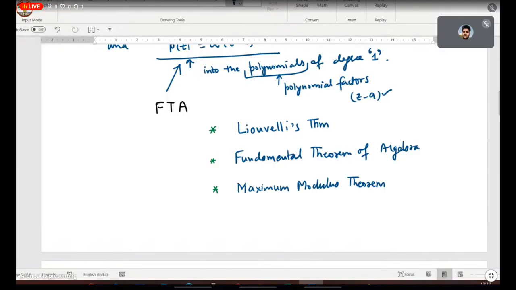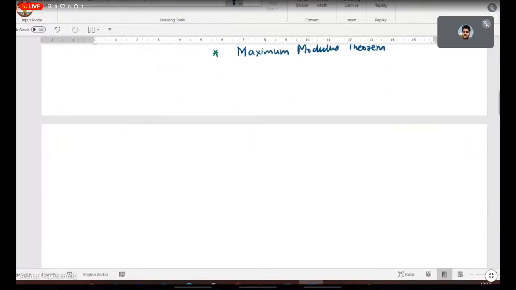So class, to begin with, first of all, I am going to define the zero of a complex valued function. I'm going to start with this. So, very first definition. Suppose, class, we have a function from G to C. Very often, unless stated otherwise, this G is always taken to be an open set in C. So suppose this function f is analytic.